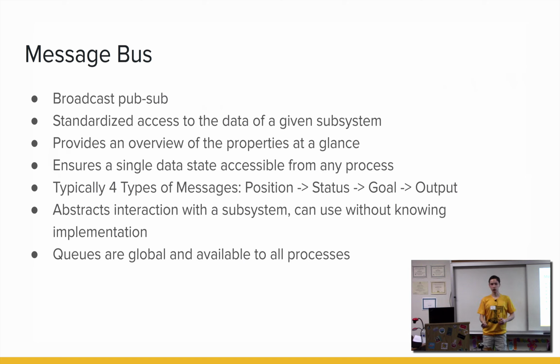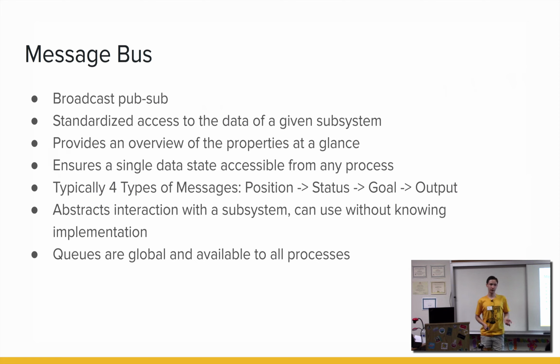Or let's say the control loops want to send a voltage back to Wpilib to write out to the motors. They'll generate a new message, publish that, and then finally output it. This provides standard data access to all of our systems. So rather than having to go access a class directly and pass data to it, we can just update this message and then it'll send all the data automatically.